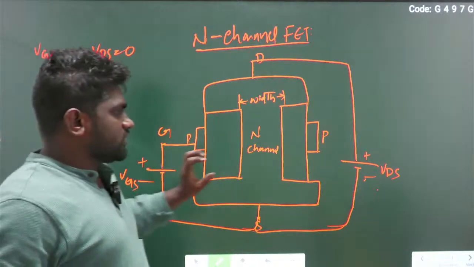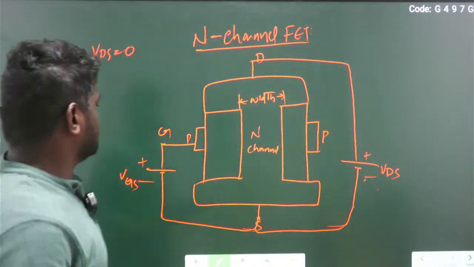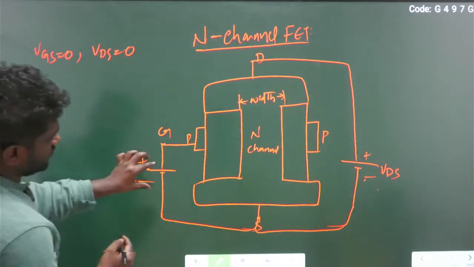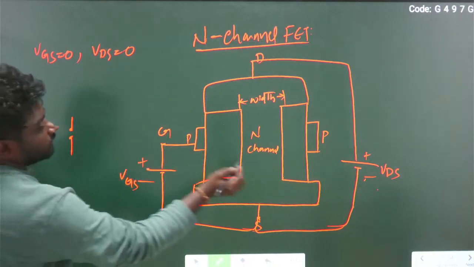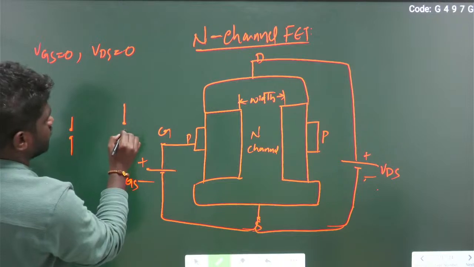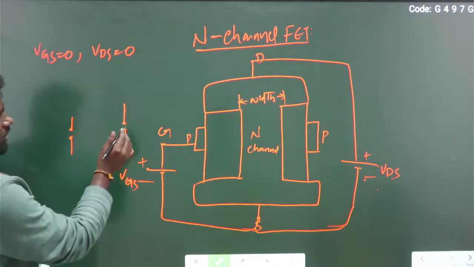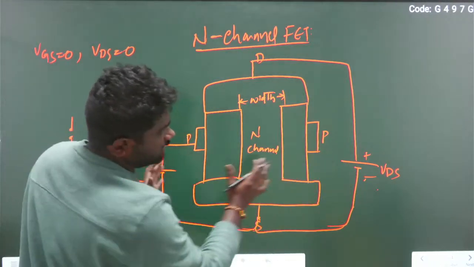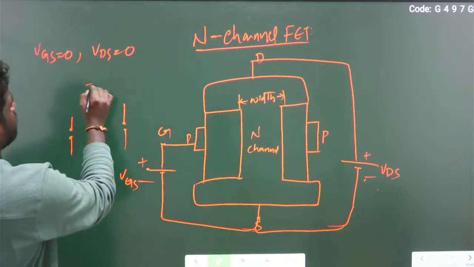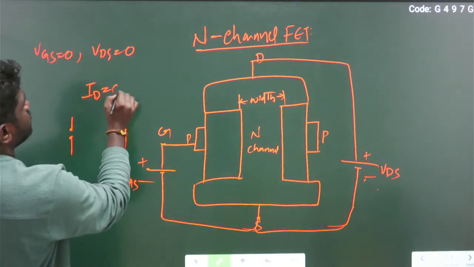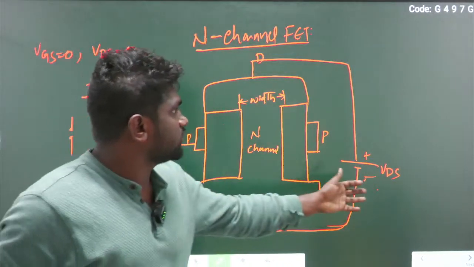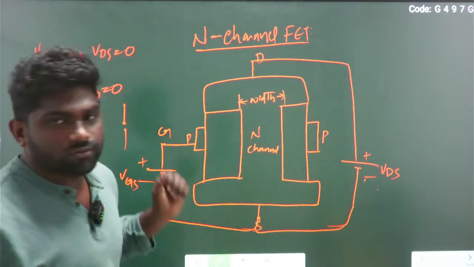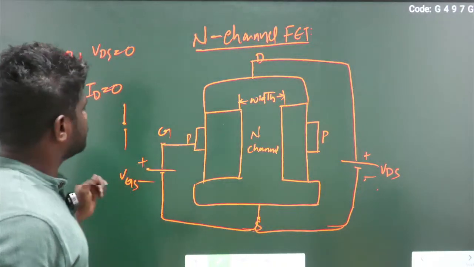So when VGS equals 0, it is open circuited, and VDS also is open circuited. It means no voltage is applied, then ID becomes 0, because there are no voltages VGS and VDS. So ID becomes 0.